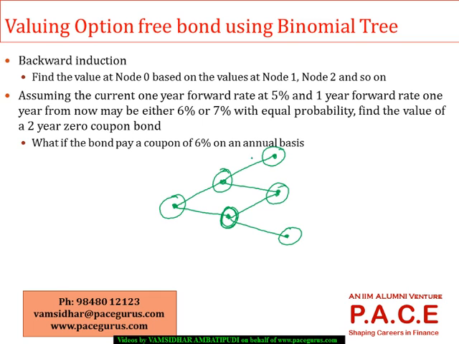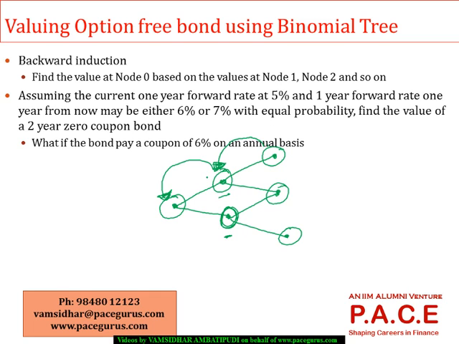So we work backwards. We start right in the maturity year, discount that to the year before it, or a period before it, using the interest rates that were prevailing at that point, arrive at all the possible values of the bond in that particular year, then again use the same concept to value it back to the current year.